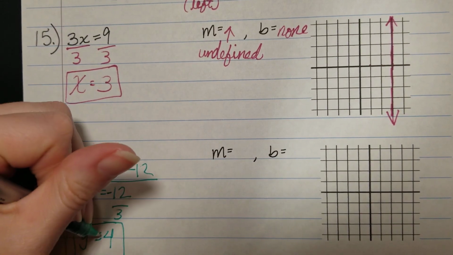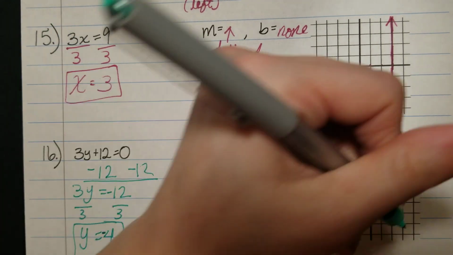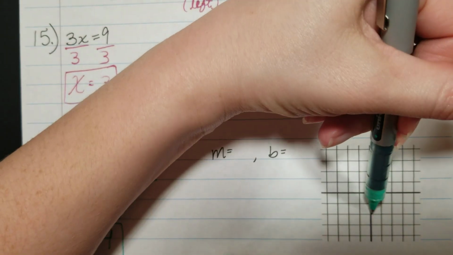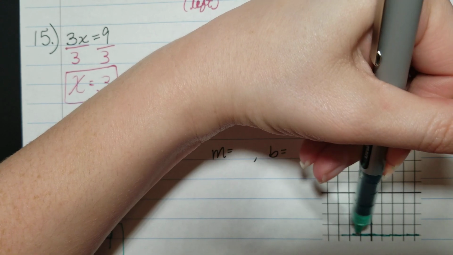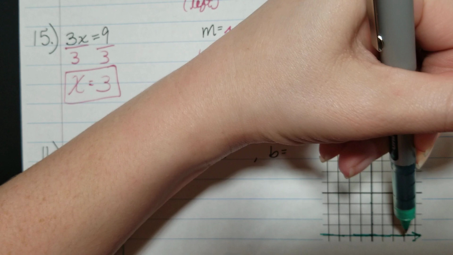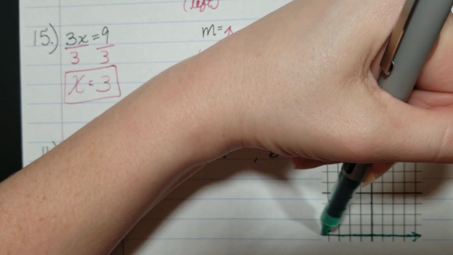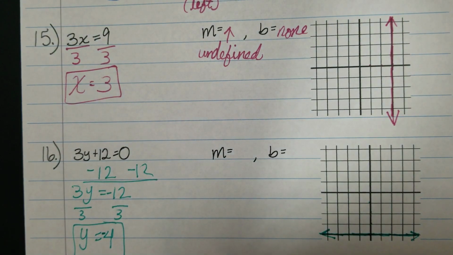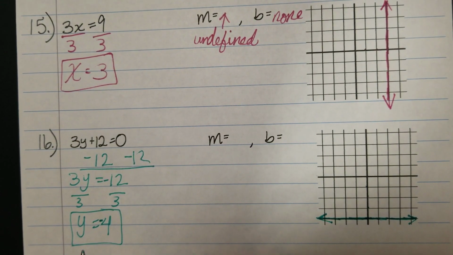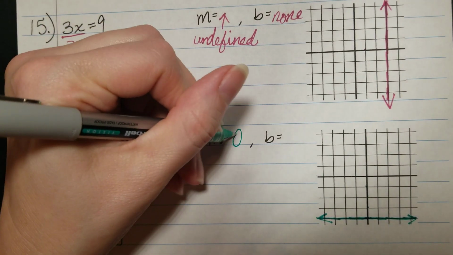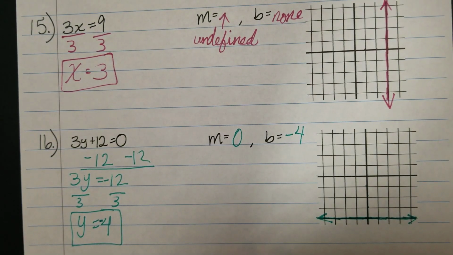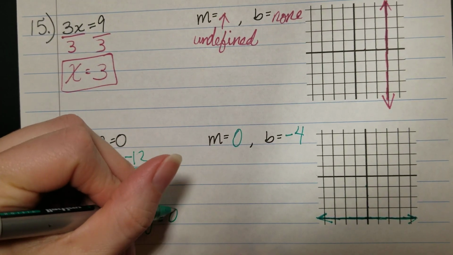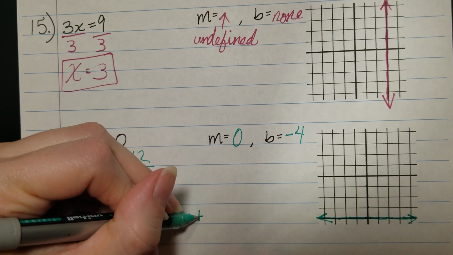Oops, I accidentally dropped my negative there. So that is what my line looks like. So the slope is 0 and the y-intercept is -4. So yeah, you could say that's y equals 0x minus 4.